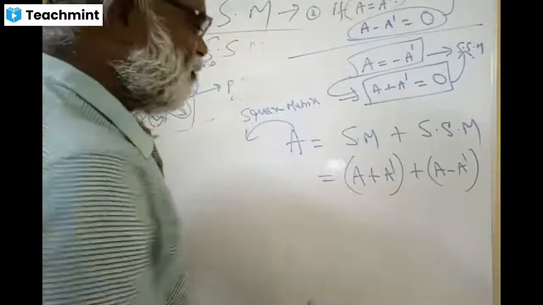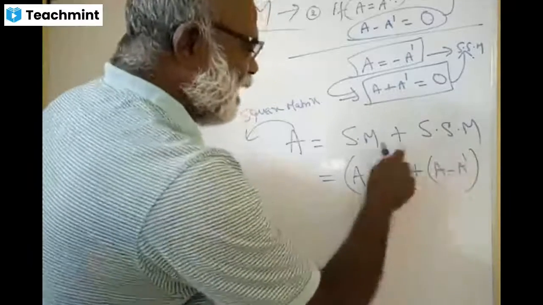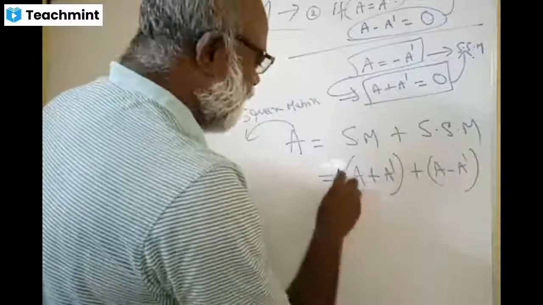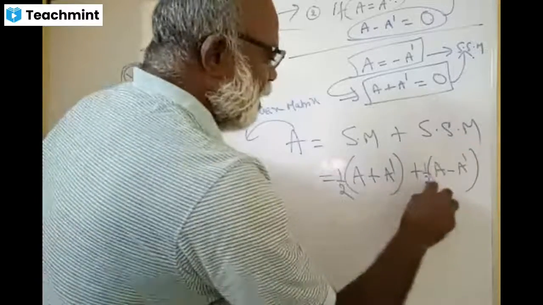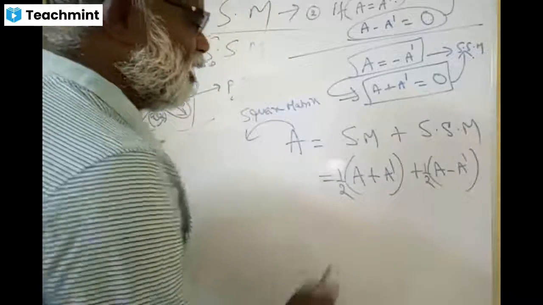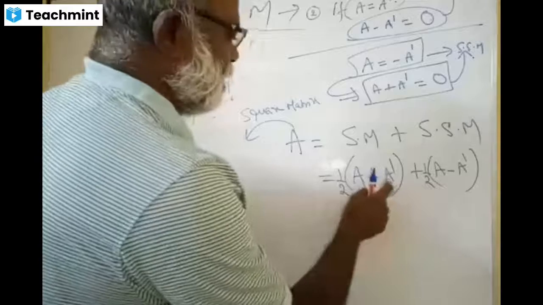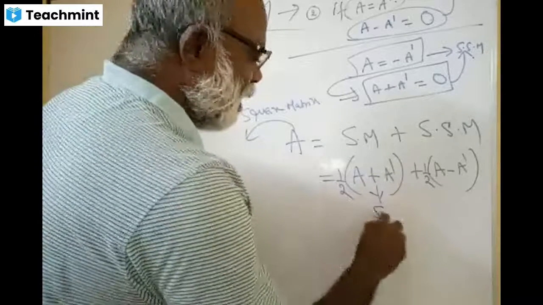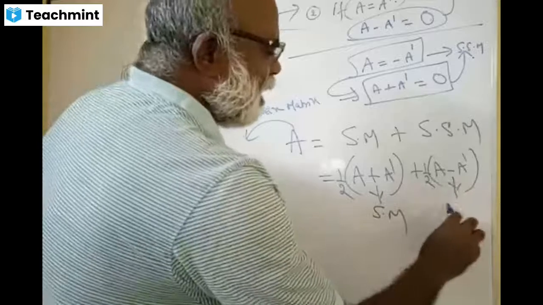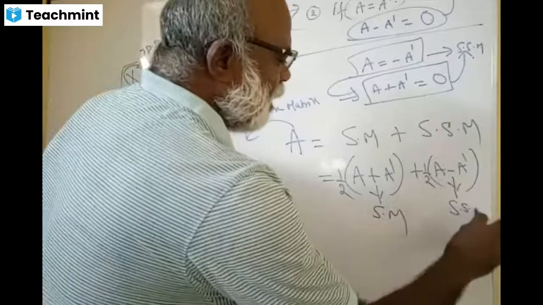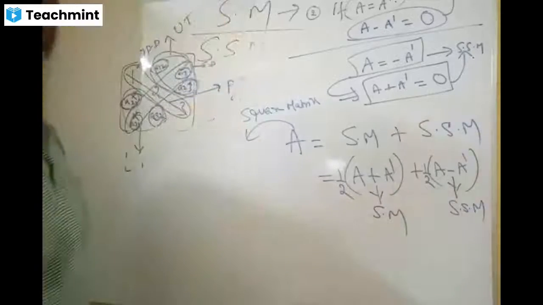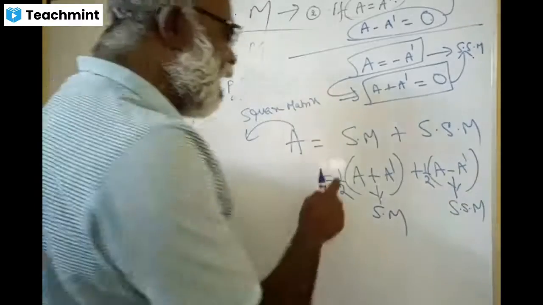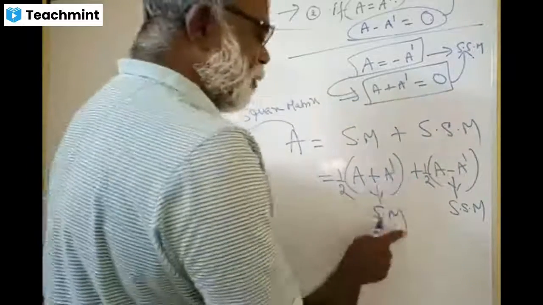Friends, if I combine these two, A dash cancels and you get 2A. Therefore, I should have half A here and half A here. A plus A dash is a symmetric matrix. A minus A dash is a skew symmetric matrix. Therefore, half into A plus A dash is also a symmetric matrix.